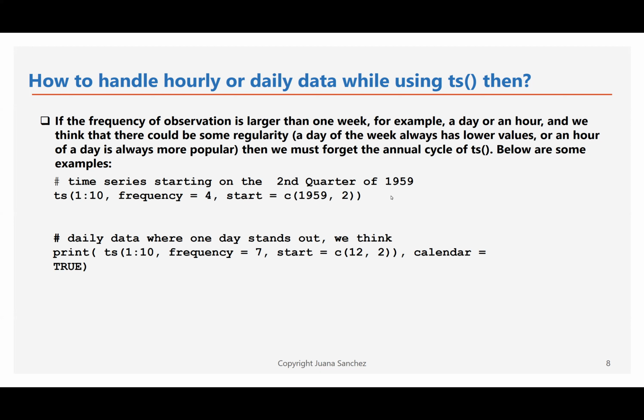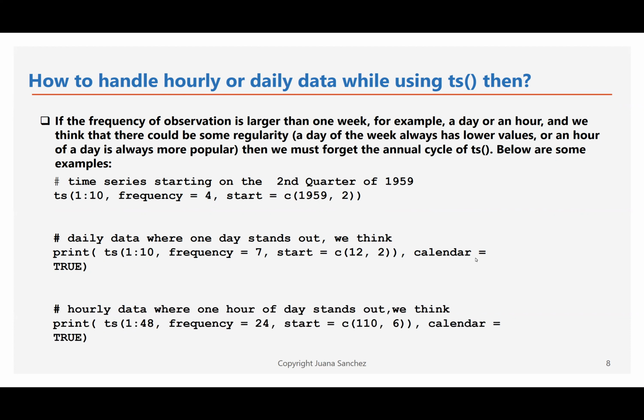That's okay, quarters are okay. Daily data where we think there is 1 day of the week that stands out, okay? Then in that case, we might want to give frequency equals 7 and then start. Now what we have to tell R is to start in the 12th week, second day of that week, if that's the case, and put calendar equal true.